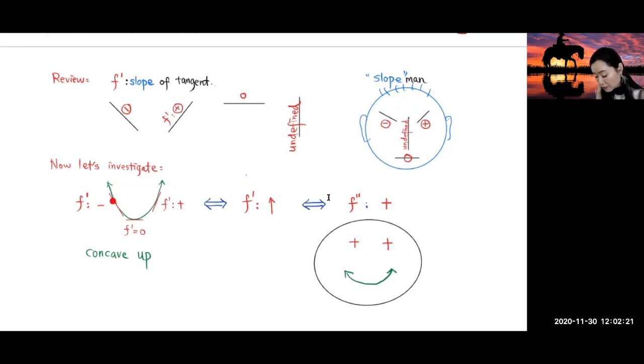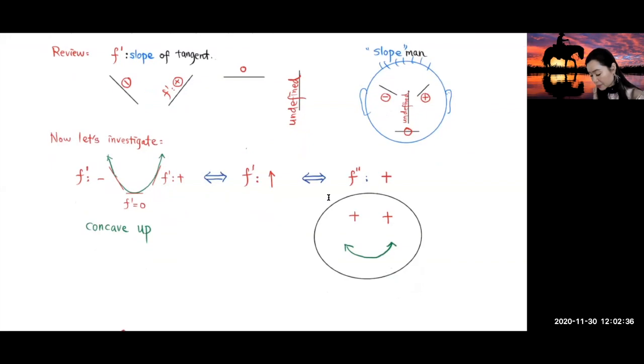See, the first derivative over here is actually increasing, right? Negative, then 0, then positive. The first derivative is increasing. And what happens to the second derivative? The second derivative over here is actually positive.